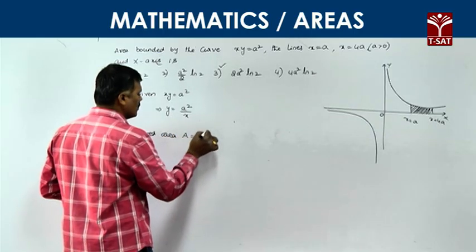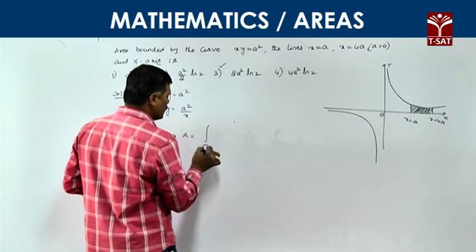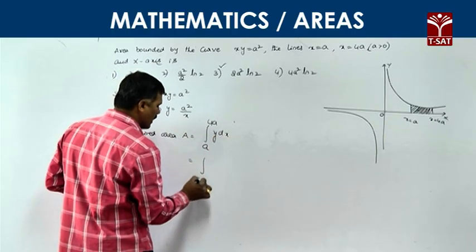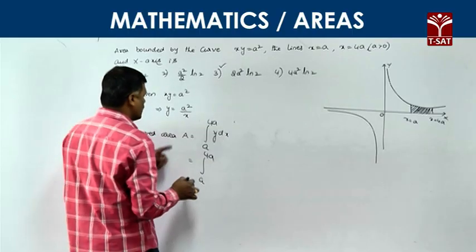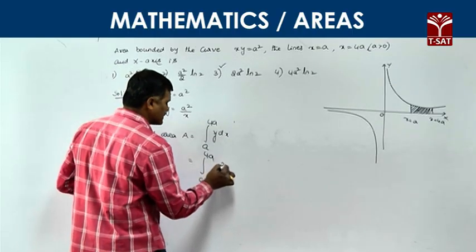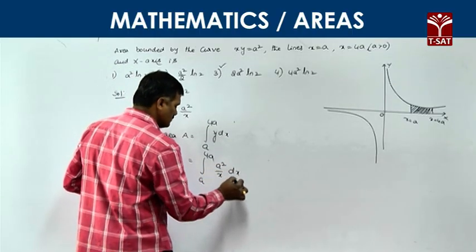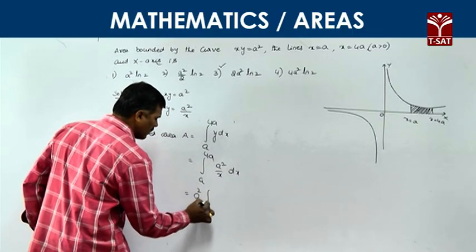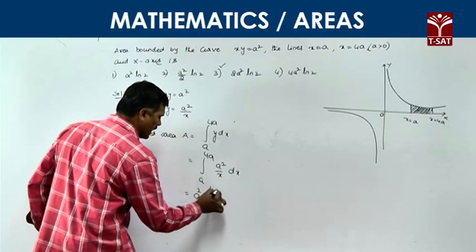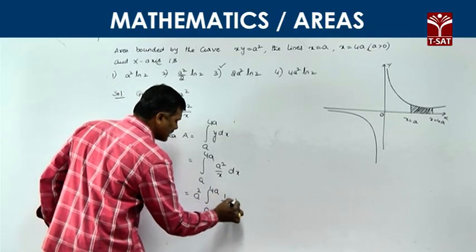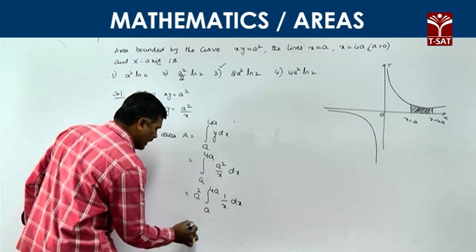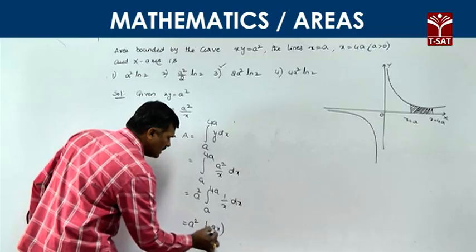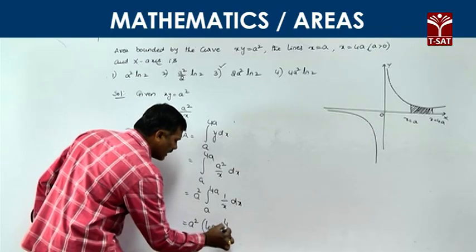Required area A = integral from a to 4a of y dx, that is equal to the integral from a to 4a of a²/x dx. a² is a constant, taking it outside the integral, a² times the integral of 1/x dx, whose value is log x, with limits a to 4a.